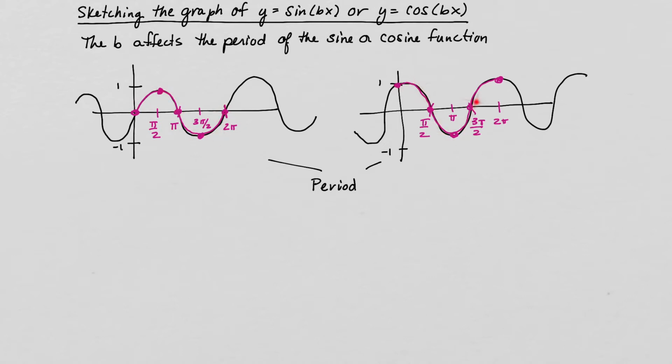That's called the period. And so the period is 2 pi, but when you have a number in front of the x here, that affects the period. The formula for the period is 2 pi over b. So whatever the b is, that's going to affect what the period is.